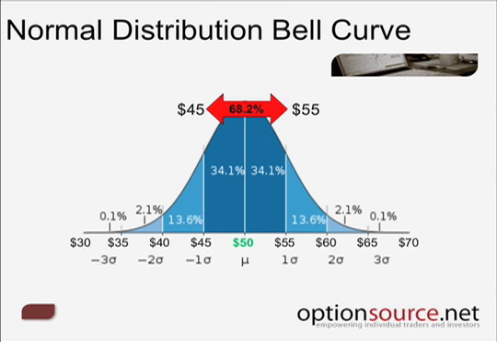If we look at how the curve behaves as we move outside of this single standard deviation here, you'll notice that as we move out to these lower strike prices, the percentages become lower, and consequently an option contract that is sitting at a strike price outside of that one standard deviation, let's say in this example around the value of 40 here, may be priced at, say, 10 cents.